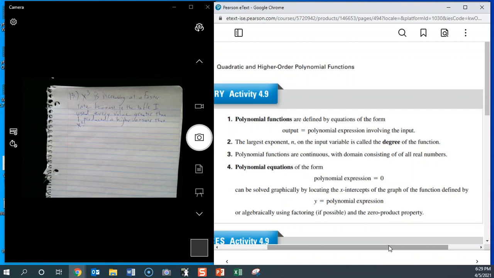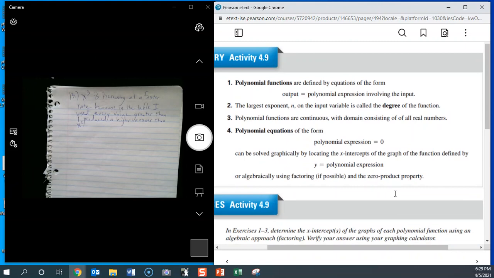Okay, then we come here to number 4. Polynomial equations of the form polynomial expression equals 0 can be solved graphically by locating the x-intercepts of the graph of the function defined by y equals polynomial expression, or algebraically using factoring if possible and the zero product property.